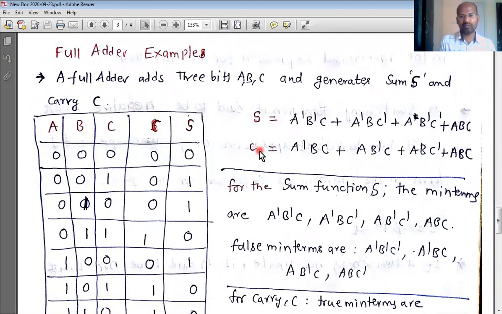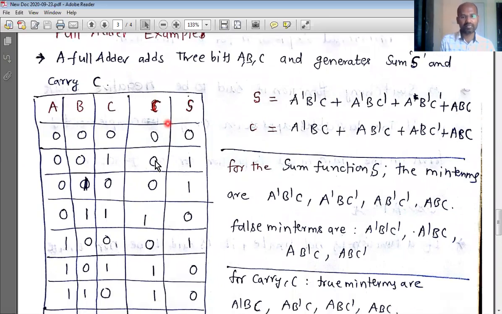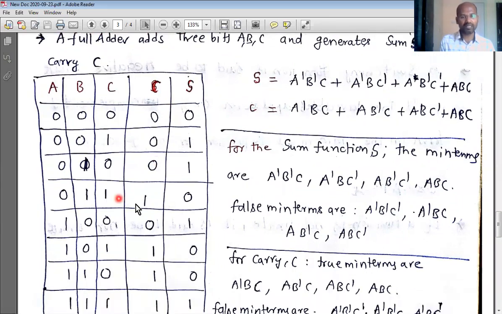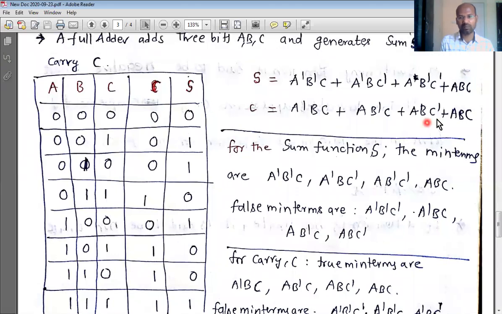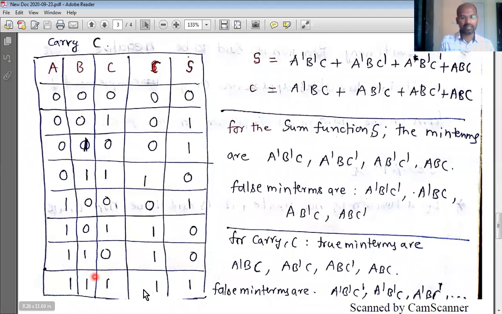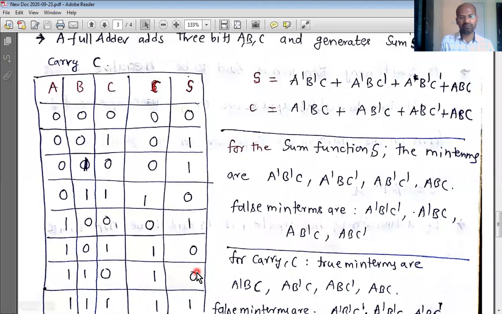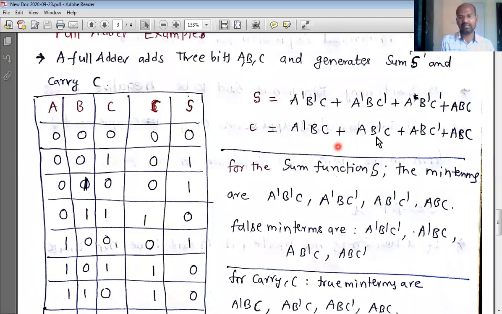Next, in the same way, how do you get the expression for carry? Look at for what combinations carry will be 1. Here A bar B C, then A B bar C, next A B C bar, and another combination A B C. For any of these, either this or this or this or this, so we write plus in between.